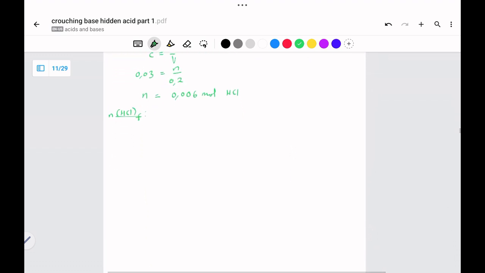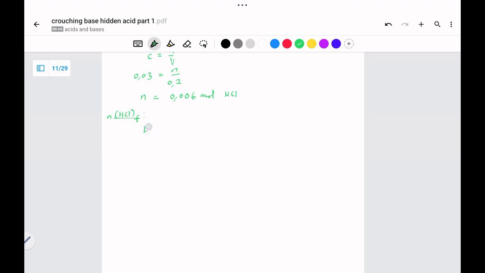So I'm going to write out the ionization equation because I want to ratio from hydronium ions to the HCl.